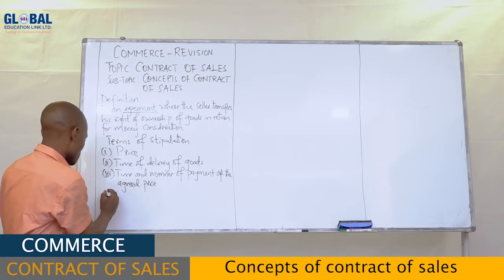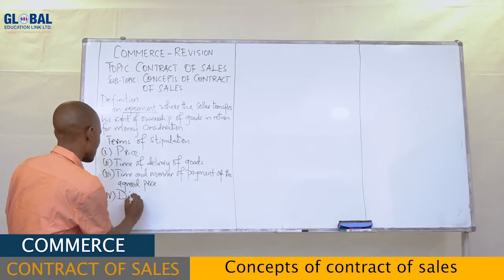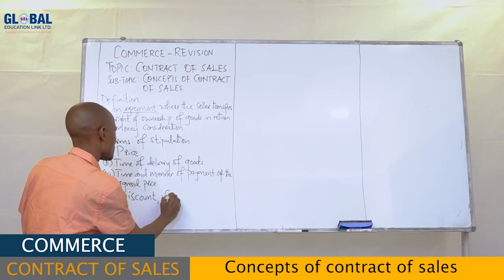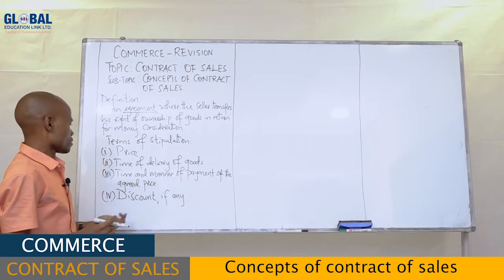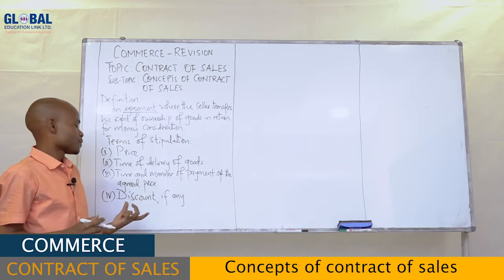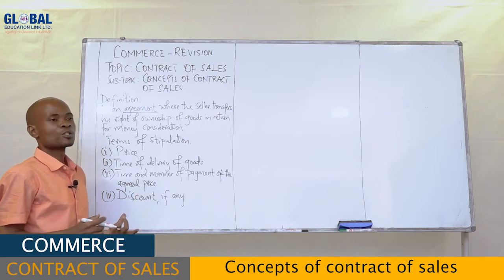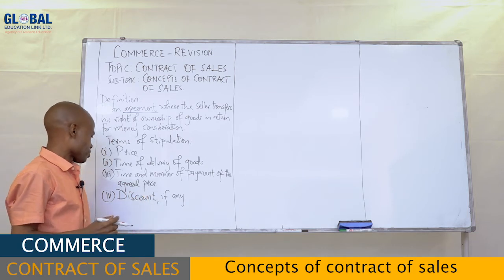The fourth one is called discount, if any. This is also going to be an agreement which will depend on the amount of goods purchased by the buyer.